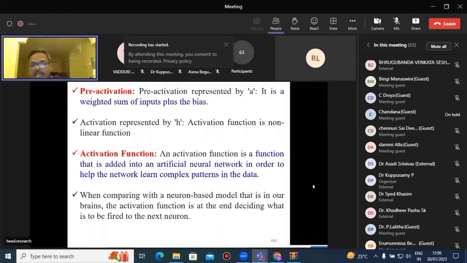Compared with the neural model in our brain, the activation function sits at the end, deciding what needs to be fired to the next neuron.